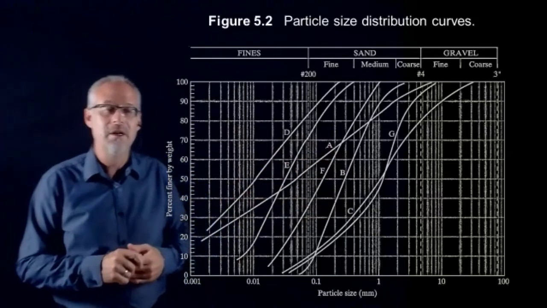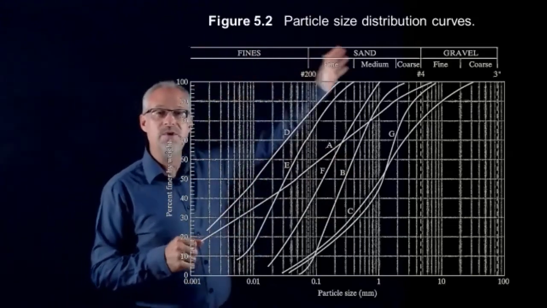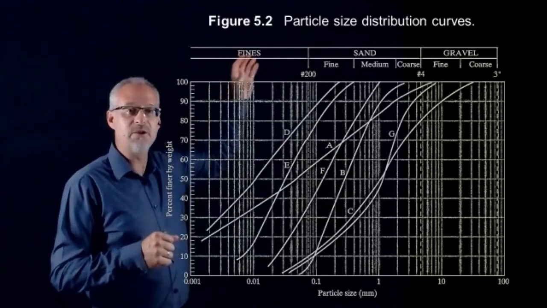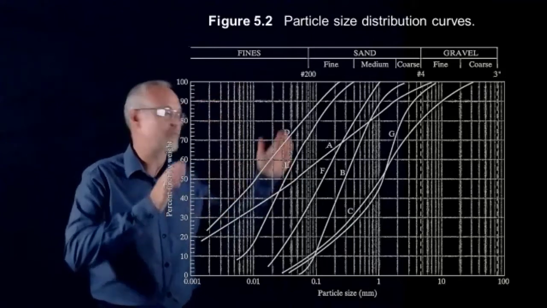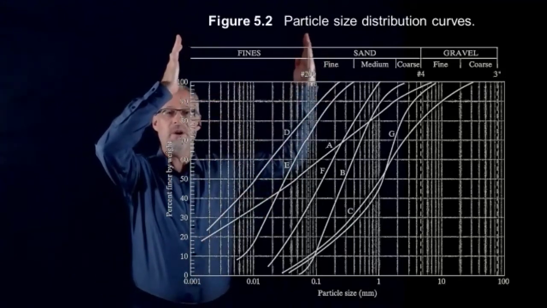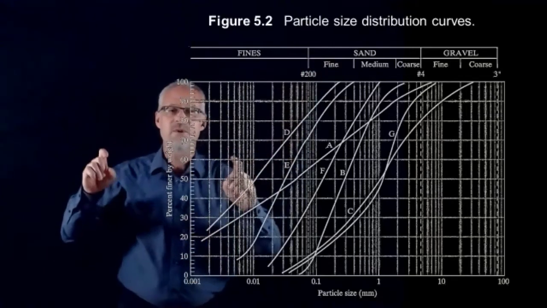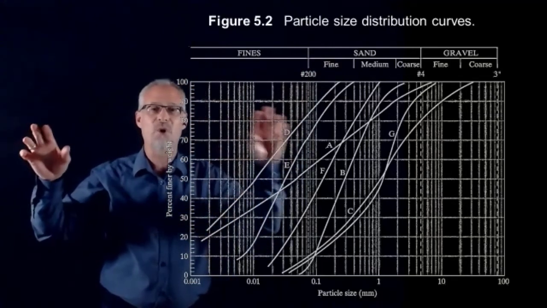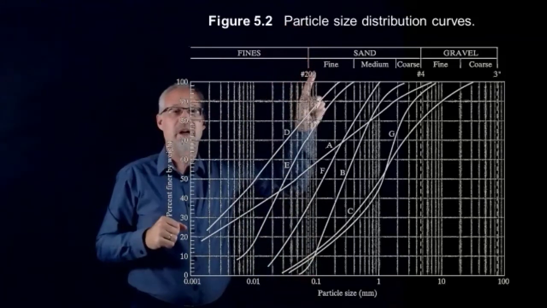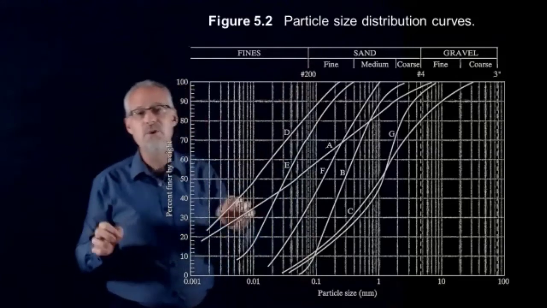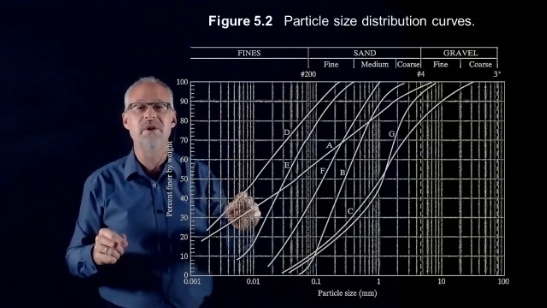Fancy word. The other thing I want to point out is on the top, we superimpose this scale that tells you where things start. The small stuff is down at this end. Here, we call this the fine grain soil. Remember, soil is either fine grain or coarse grain. Fine grain stuff is here, and the division line is the number 200 sieve, which corresponds to 0.075 millimeters particle size.